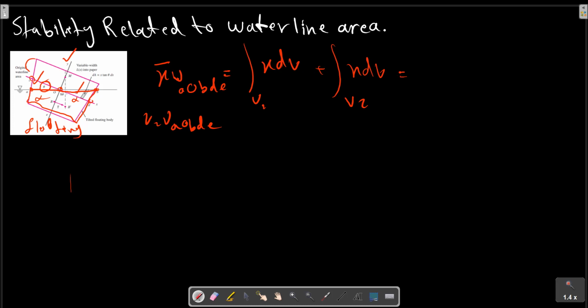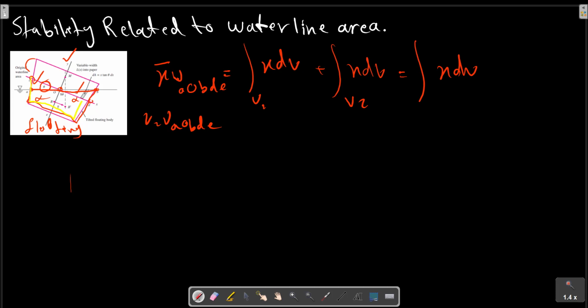We can write this shape again as the integration of x dV on V prime 1. We can write also with different shapes.